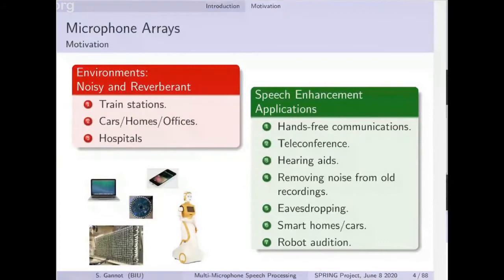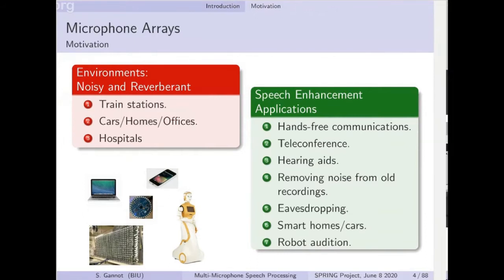And first, a very brief introduction. Why do we need microphone arrays? There are multiple applications, including hands-free communication and teleconferencing, which we are doing now. Hearing aids use microphone arrays in recent years, usually 4 up to 6 microphones. Eavesdropping, like police applications, is very important.